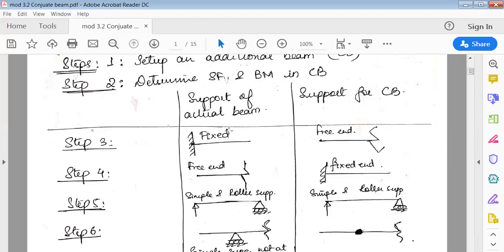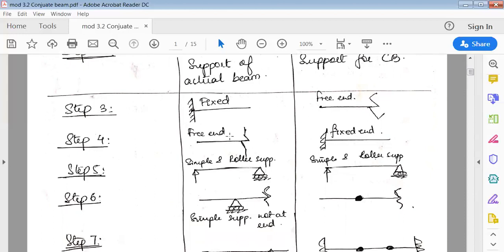The meaning of conjugate is just the opposite. Here the left end is fixed, and the opposite of fixed is free, so that end we are going to free. Likewise, a free end in the actual beam becomes fixed in the conjugate beam.